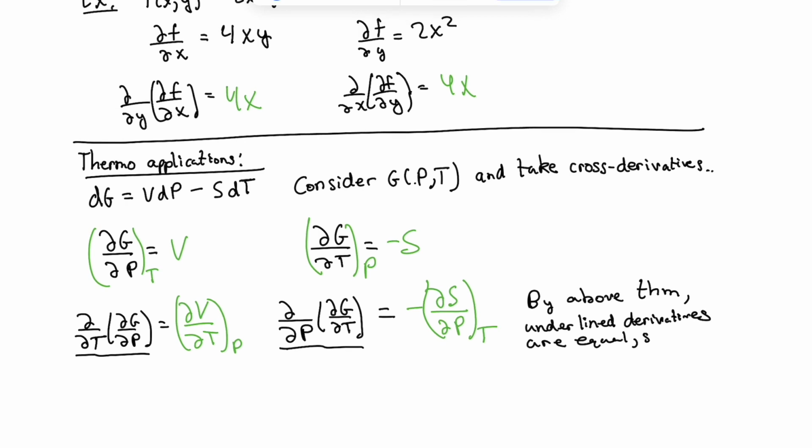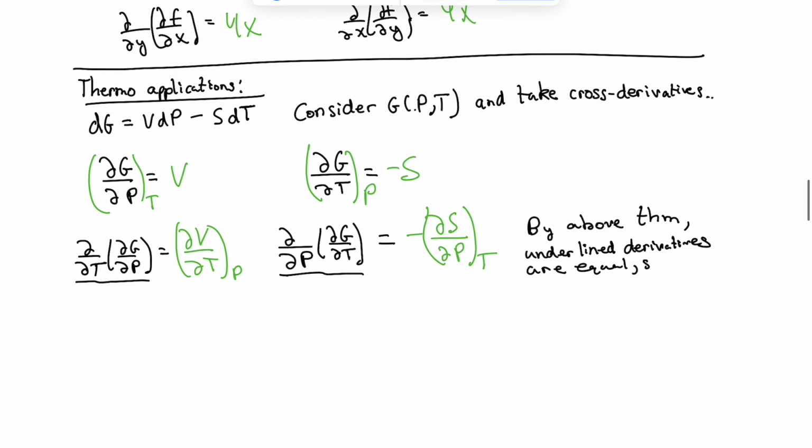And again, according to our theorem now, we get, to me, a pretty stunning result. How does entropy vary with pressure? To me, it wouldn't necessarily have anything to do with how volume varies with temperature, but it turns out that according to calculus and thermodynamics, just applying the rules, we find this hidden connection between these different quantities.